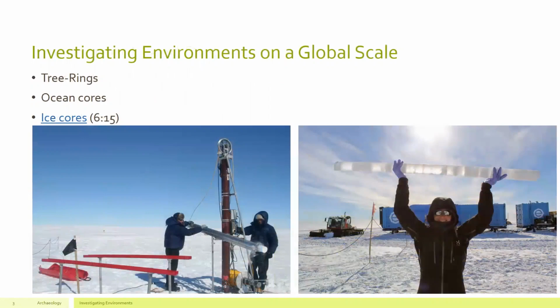So when we investigate environments, typically it's on a hemispherical level or sometimes on a global scale. But we also can learn very specific information about environments and climates on a localized or even a regional scale. So tree rings are a good source of annual records.